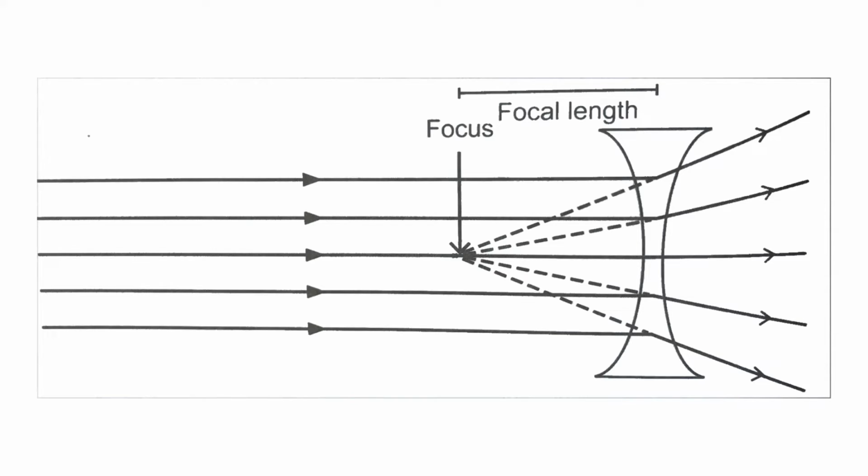The light rays after refraction appear to come from a point called the focus. The length between the lens and the focus is known as the focal length. These are the parts of concave and convex lenses.